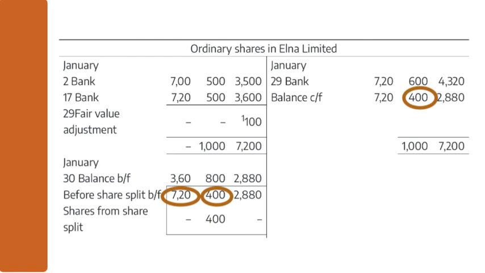Therefore, our investment at this moment was R2,880. What happened now is that every one share that we had split in 2. So in the end, we would have double the shares. We had 400. For every one, we now have 2. So we end up having 800 shares.